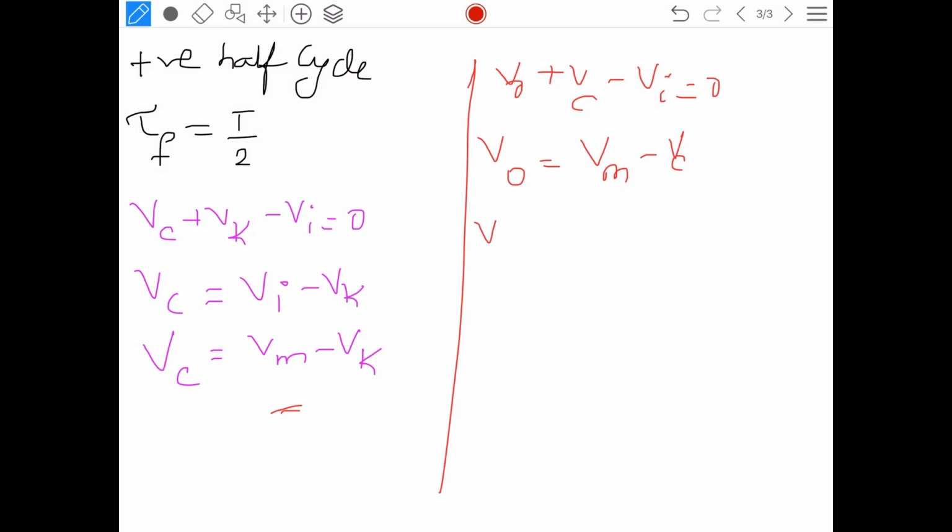Let us substitute. Vout is equal to Vm minus, correct, Vm plus Vk. So, Vout is equal to Vk, as both of these get cancelled, correct. Vout is equal to Vk.